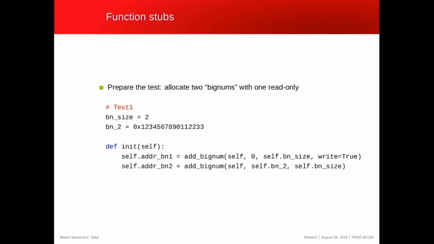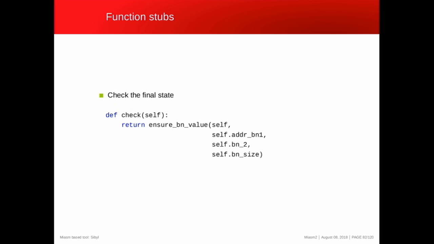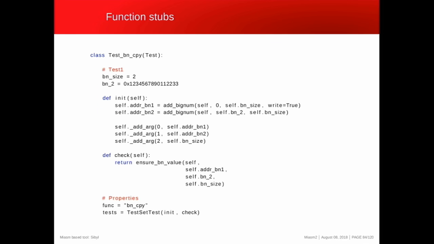So we just allocate two big nums. Then we set the arguments. We run the function, and at the end we check the final state. If it's matching what we expect, we can say, okay, it's a big num copy. So it's just one test. So this is the one slide test which is discovering big num copy.